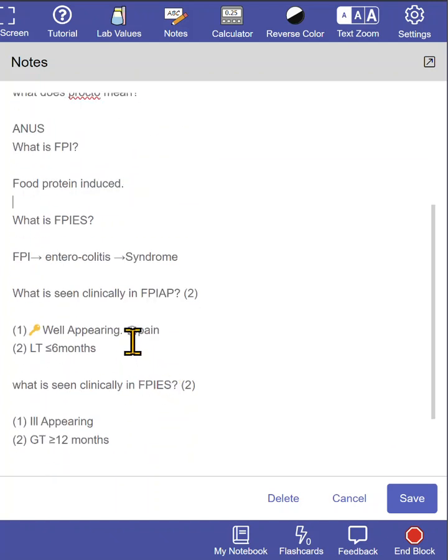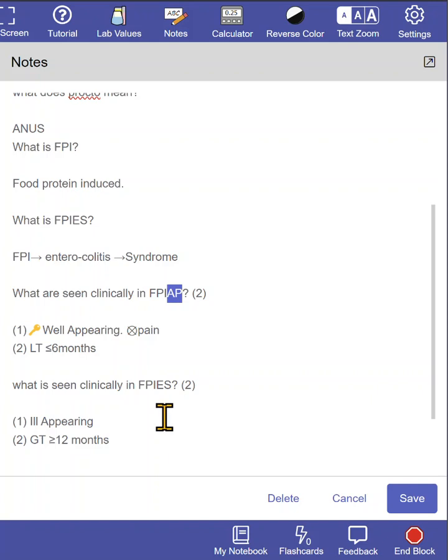So what is seen clinically in FPIAP? There's two of them. It's well appearing. So AP for well appearing, and no pain, and then less than 6 months of age.